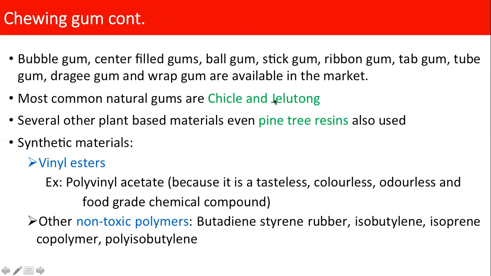In the first row you can see the natural things, and here you can see artificial materials. Nowadays we are moving towards natural things again, but still we are using synthetic materials, right? Here you can see some examples. If you are interested, you can read some articles and experiments available in the literature.